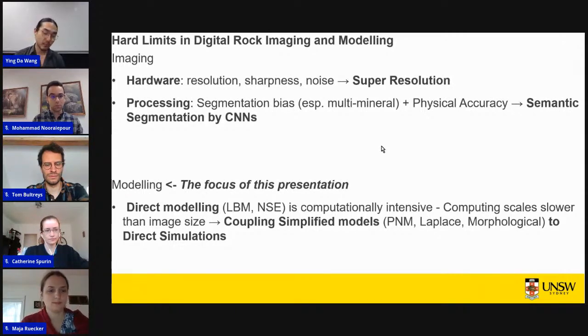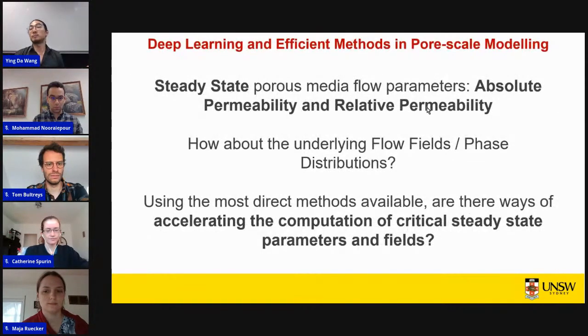Direct simulation is extraordinarily intensive, and it scales. Over the last 10 years, digital rock images in 3D have ballooned way past what direct simulation can feasibly achieve with reasonable resources. So today we'll talk about deep learning and efficient methods in pore scale modeling.